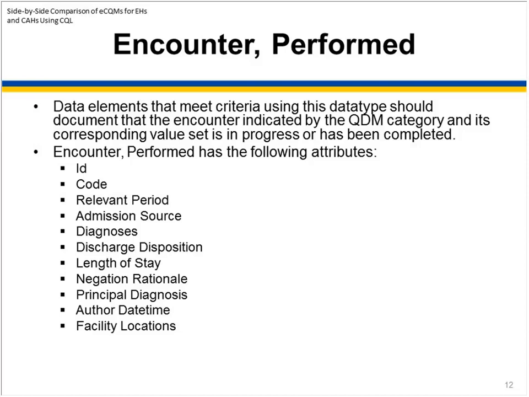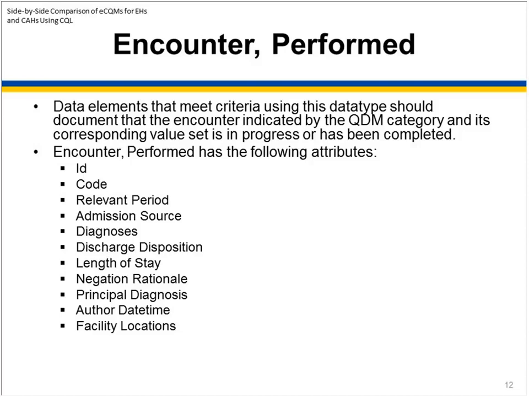And so because CQL now allows you to operate on intervals, we've used that interval to model properties within QDM so that the expressions within CQL can be represented more succinctly.